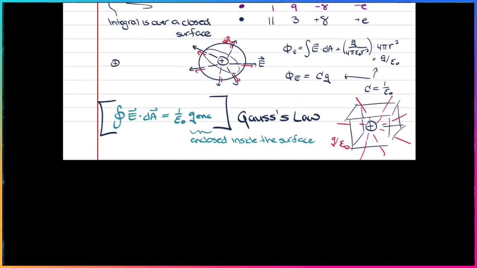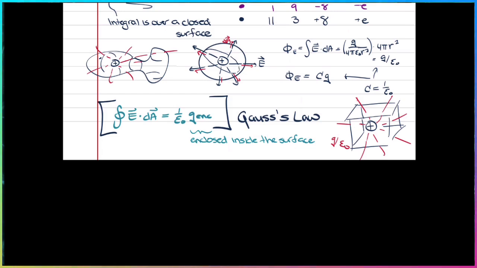I could have a positive charge and draw some fish-like surface around it, which might have some field lines that go out, then back in, and then out again.